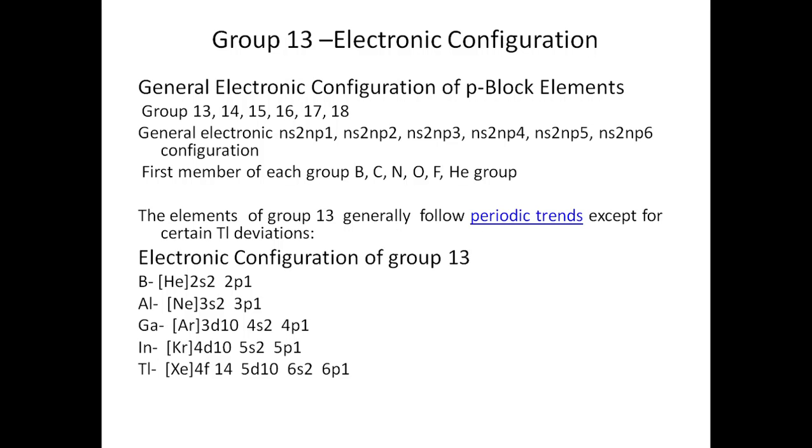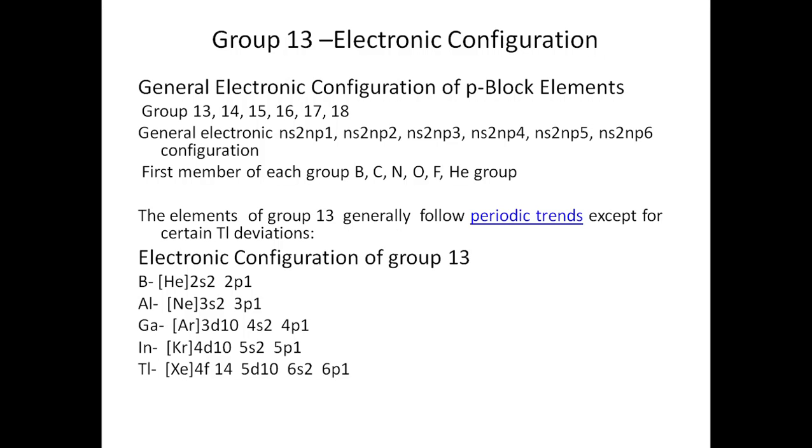Group 15 has ns2 np3. Group 16 has ns2 np4, and group 17 has ns2 np5. Group 18 has ns2 np6, that is completely filled, 2 electrons in the s orbital and 6 electrons in the p orbital, that is inert gas configuration.